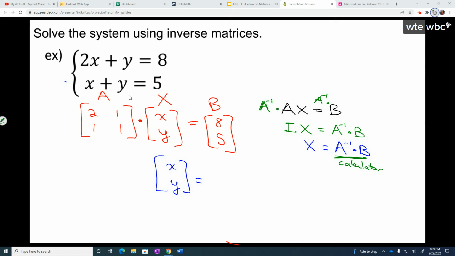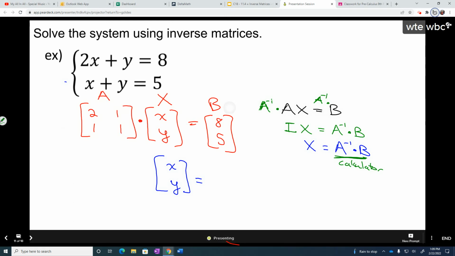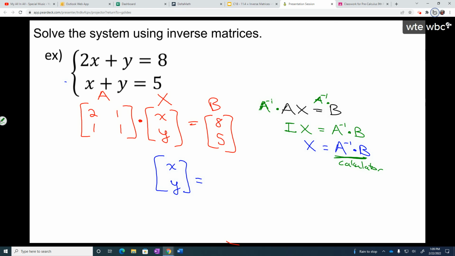You're going to call this matrix A, and then you'll call this one matrix B. So you're going to enter 2 matrices, matrix A and matrix B. Okay, so now we got those entered.